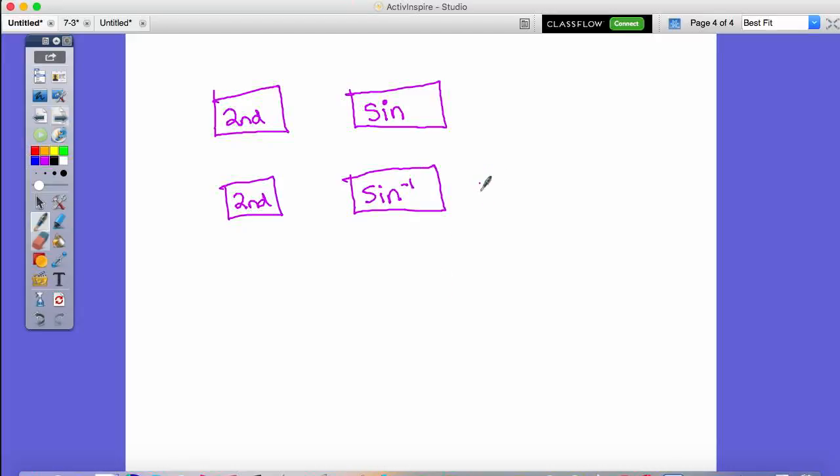Okay? This is called the inverse sine. It is actually on the calculator that you have in class, but it says it in little tiny letters underneath. So when you hit the second button, you're actually getting the function that's on the little tiny buttons underneath.